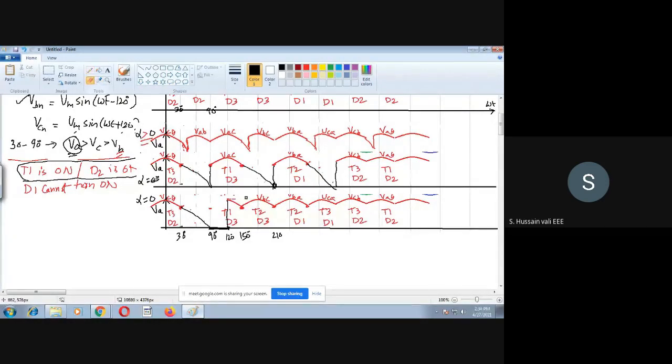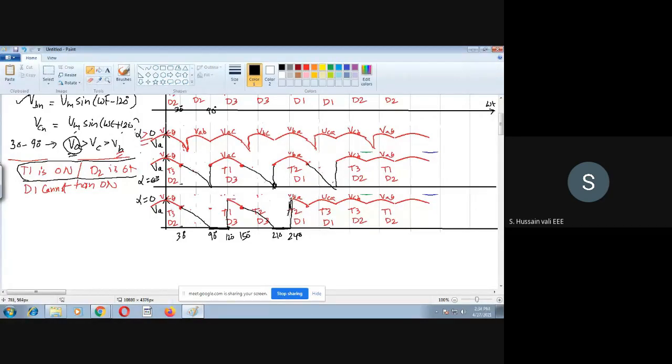Similarly, let me complete this also. What you find out is that then here 0, 210 to 240, then it will jump suddenly.